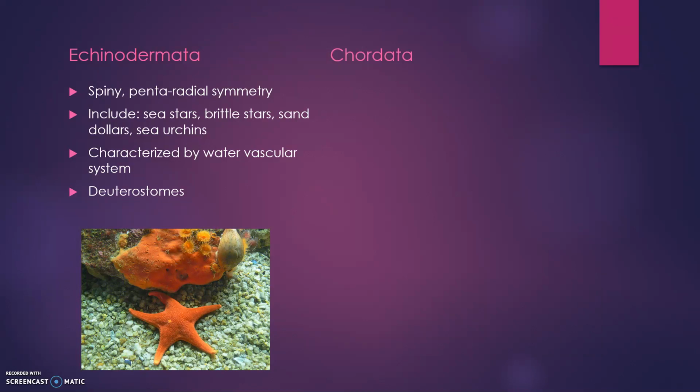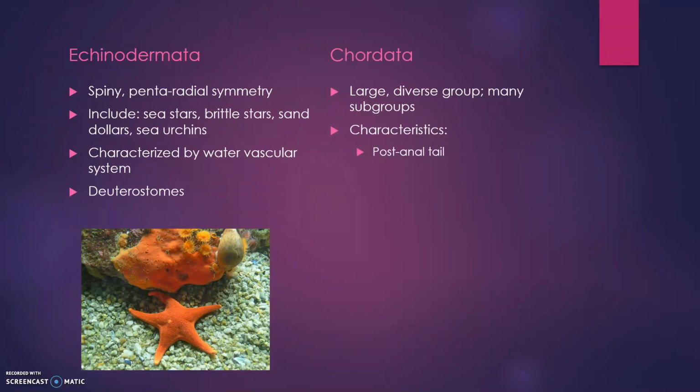And then moving on, the last phylum we'll cover, because there are many phyla, there are even more than this, are the chordates. So this is also a large diverse group that has many subgroups, which I'll get into briefly. Some characteristics of this group include all chordates at some point in their life have a postanal tail, pharyngeal slits, a dorsal hollow nerve cord, and a notochord.